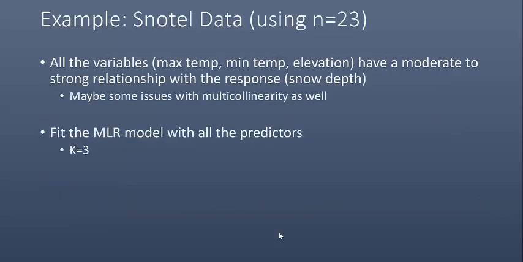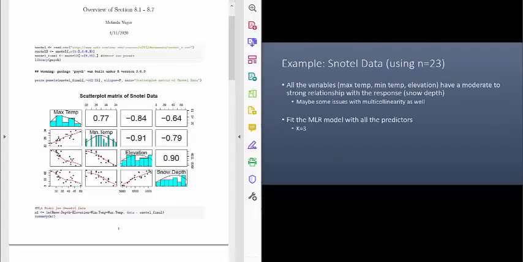Next, we will work through an example of the SNOTEL data using the data set with the 2 observations removed as discussed in the textbook. We want to see the impact the variables elevation, maximum temperature, and minimum temperature have on the snow depth. We can see the values of correlation between each pair and the corresponding scatter plot on the scatter plot matrix given here.